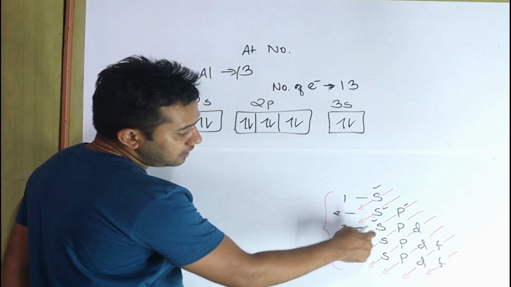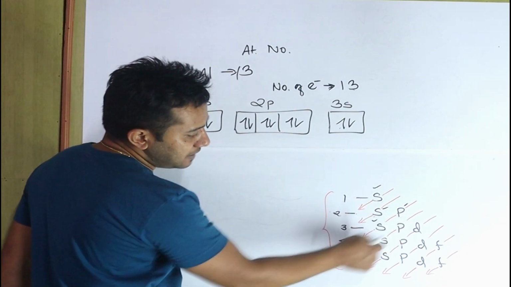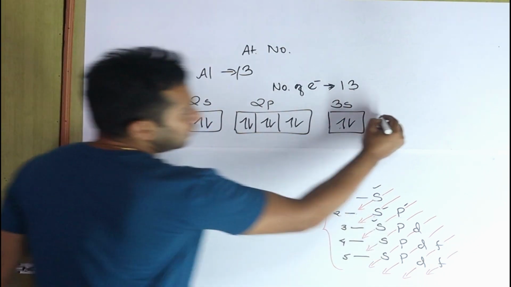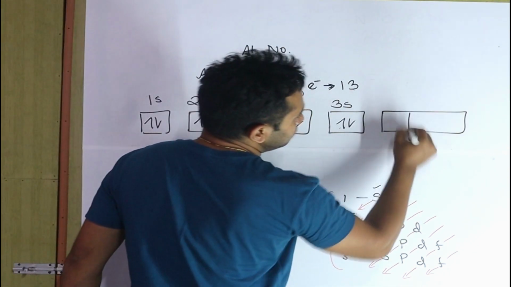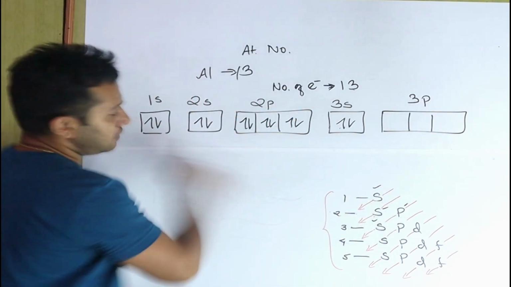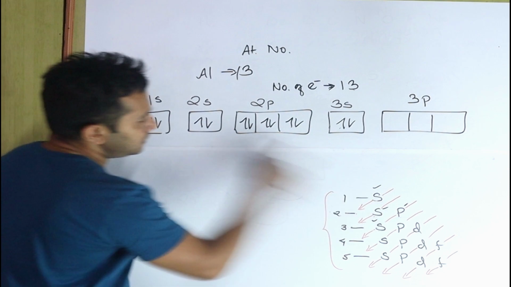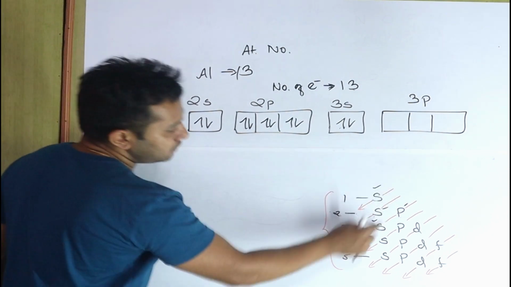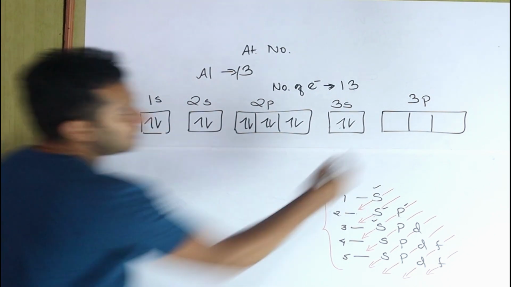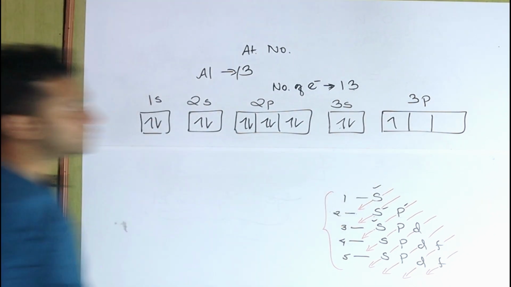So after p and s, we have again p and s, and this p is in 3. So out here we are supposed to draw 3p. 1s is done, 2s done, 2p done, 3s done. After 3s, it starts from 3p. So this is here 3p, and the last electron will enter out here.